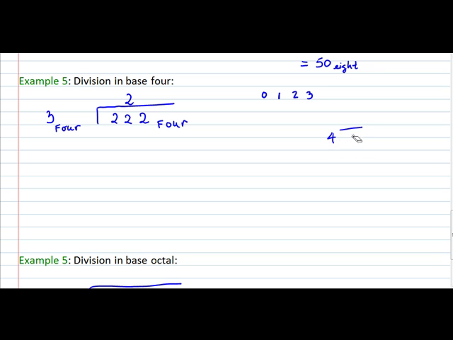So 6 convert to base 4. 4 goes inside 6 one time. Our remainder is 2. And then 4 goes into 1 zero times, it means 1.